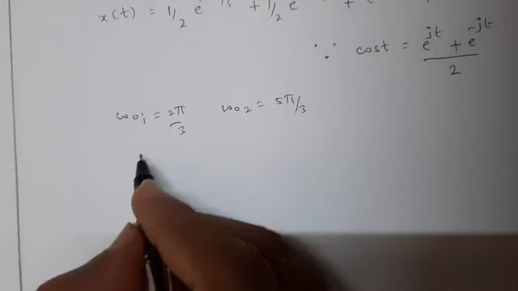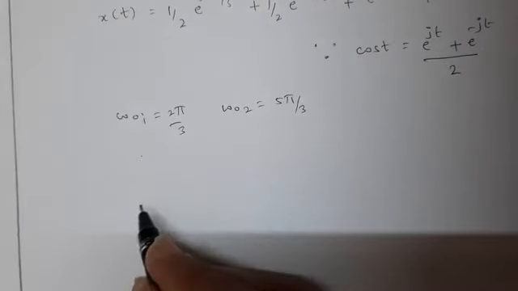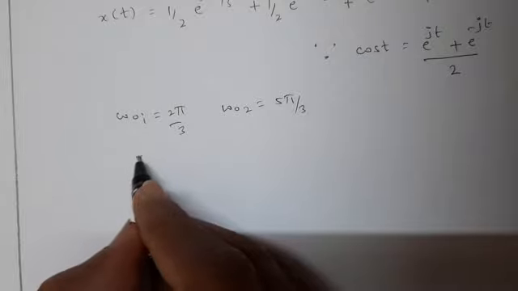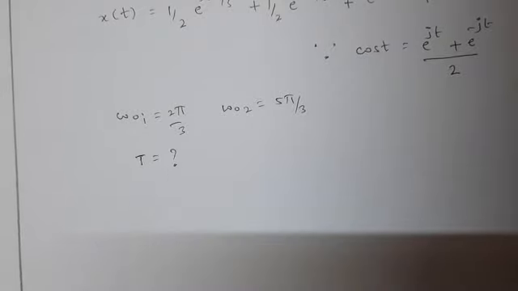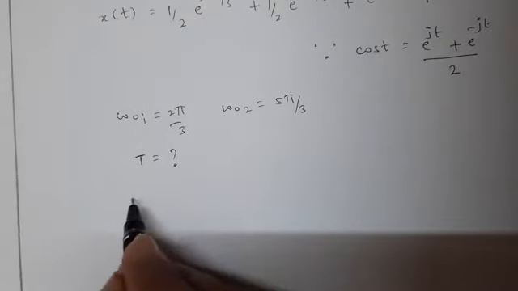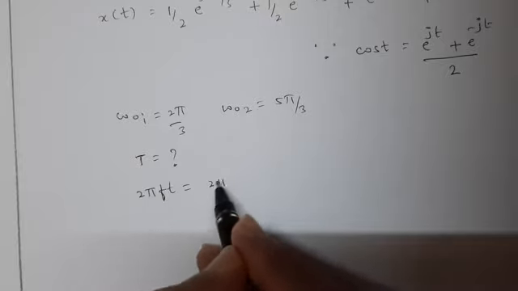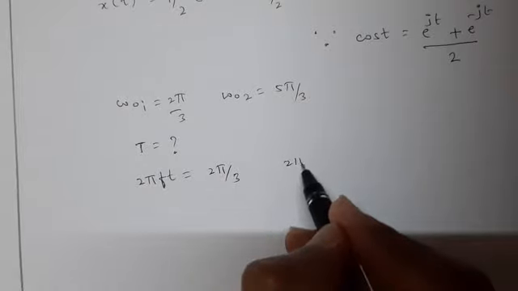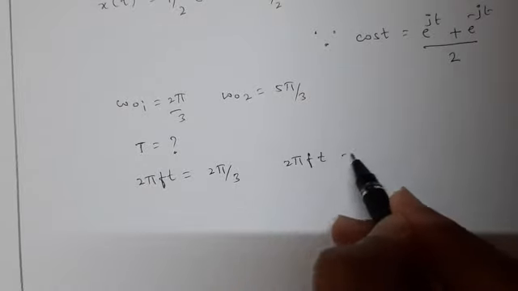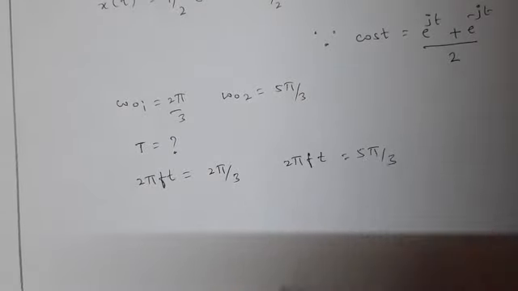So what you did earlier was to find the LCM. Basically I am trying to find the period T. How do I find period T? Compare the signal with this: 2 pi f t is equal to 2 pi by 3 t, and 2 pi f t is equal to 5 pi by 3 t.